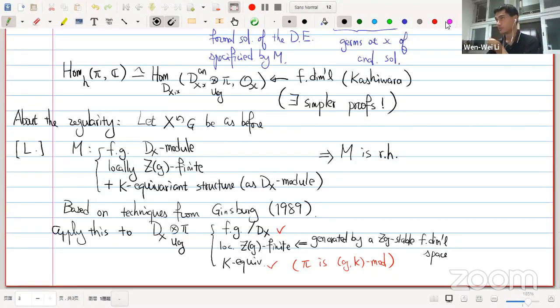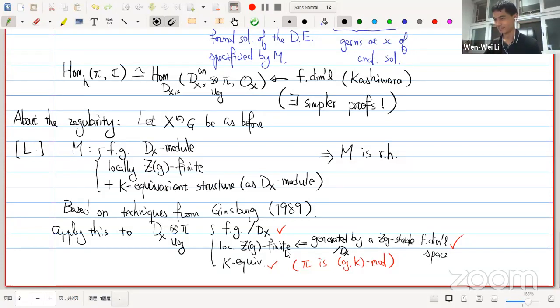Once you assume this implication, then this is also easy somehow: generated over DX. If you have seen my preprint cited there, this is stated just as a remark.